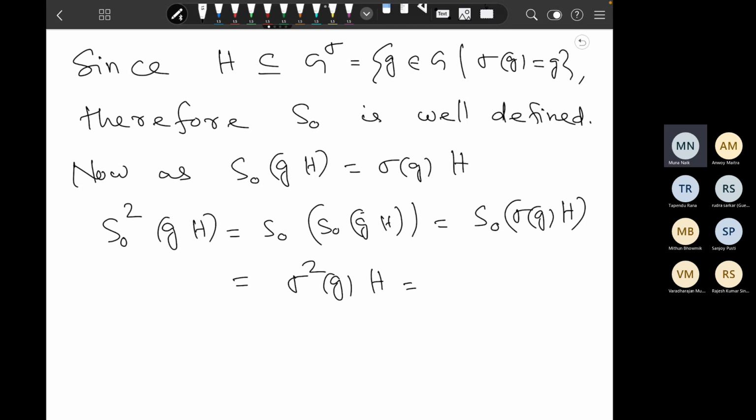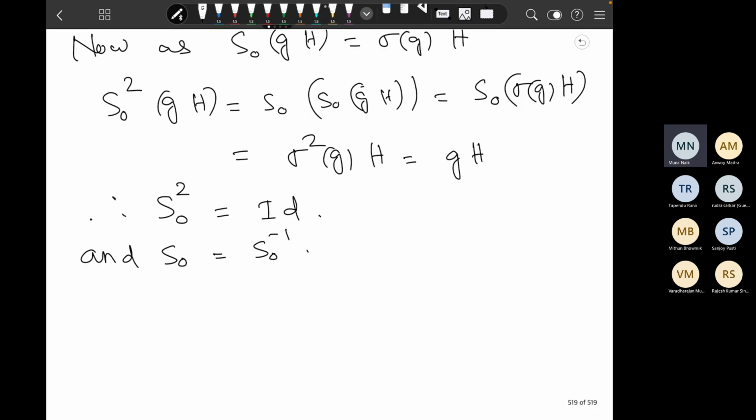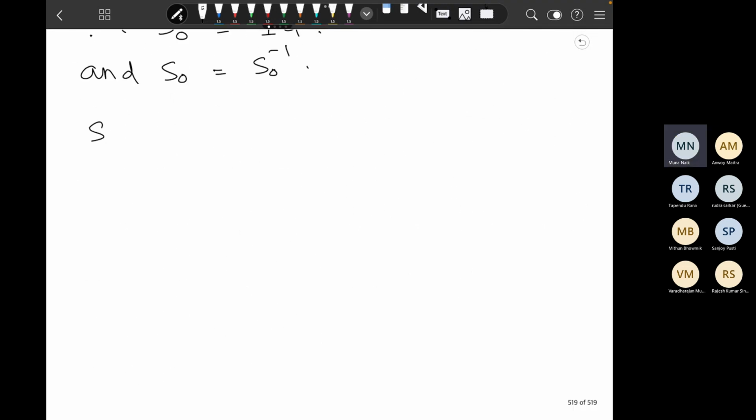And sigma is an involution, so sigma squared is equal to identity. So hence this S_o squared is the identity. Now we have to show that S_o is a smooth map. So S_o from G/H to G/H is smooth.